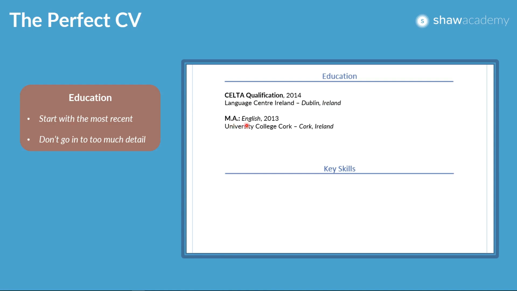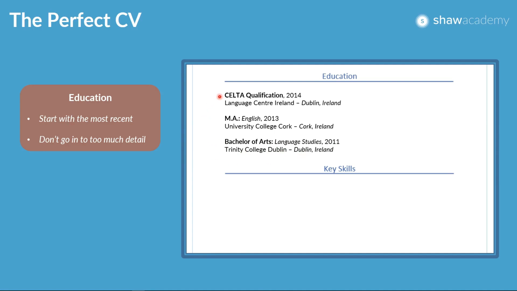Masters in Arts in English, okay, in 2013 in the University College Cork, which is in Cork, Ireland. Work backwards again. Bachelor of Arts in Language Studies, 2011, Trinity College Dublin, which is located in Dublin, Ireland.